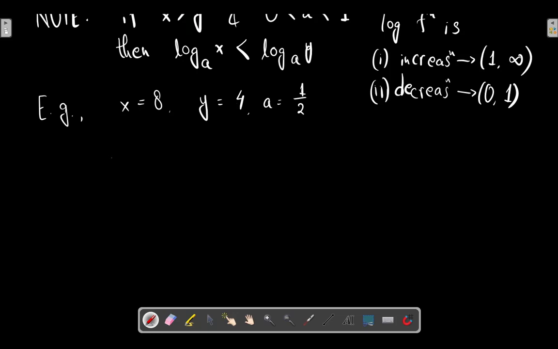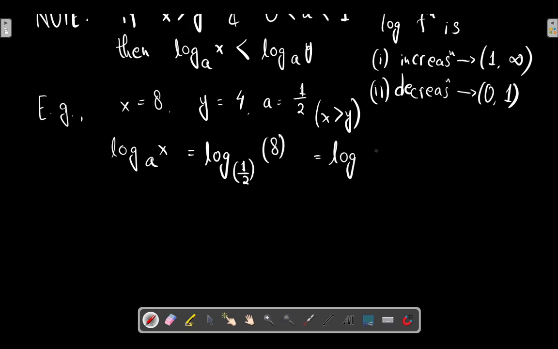So if I compute the value of log x base a, here clearly x is greater than y. So base half, and we have 8 here, so 8 is 2 cube, right? And this is half. So can I write this as 2 raised to the power minus 1 times minus 3, because minus 1 times minus 3 will give you plus 3 again.